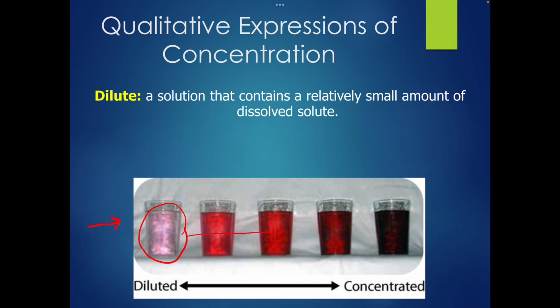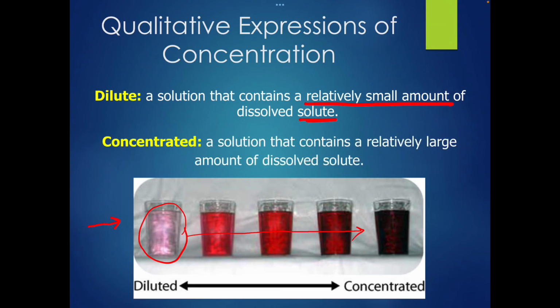But as I add more and more and more of our Kool-Aid packet, it would get darker and darker and darker because I'm adding more of our solute. So it would become concentrated. So dilute is a solution that contains a relatively small amount of our solute, whereas concentrated will contain a relatively large amount of our solute.